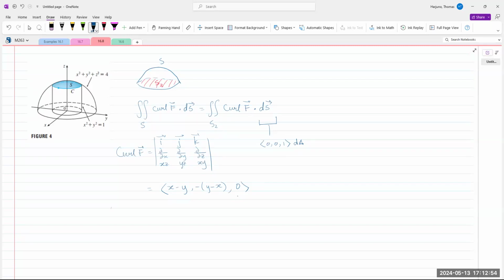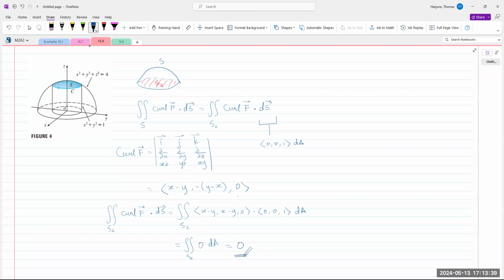So the double integral over S2 of curl of F dot dS is equal to the double integral over S2 of (x minus y, x minus y, 0) dot (0, 0, 1) dA, which is the double integral of 0. That's 0.